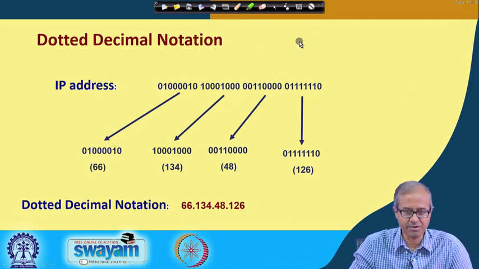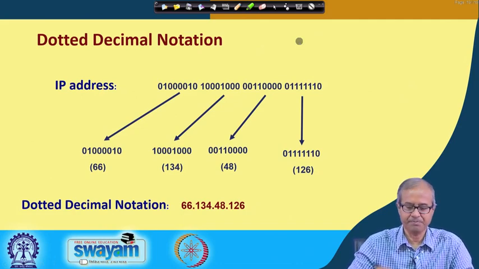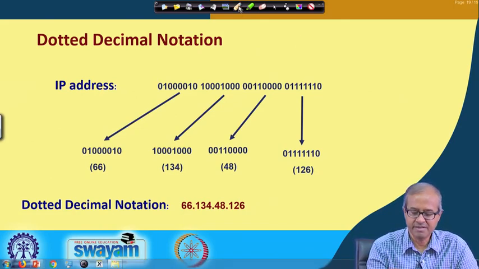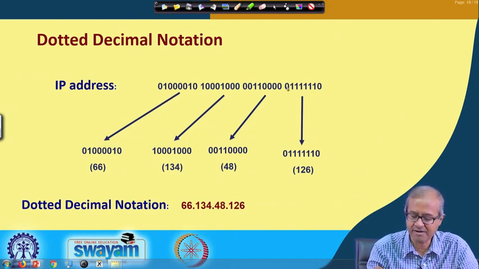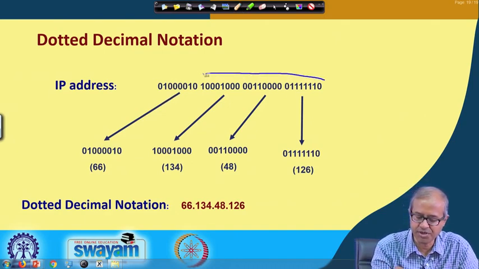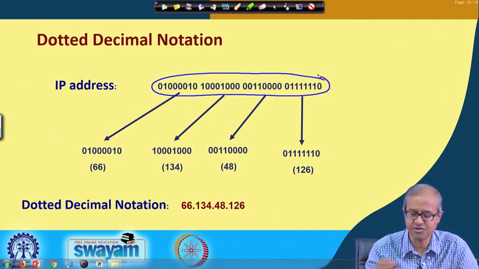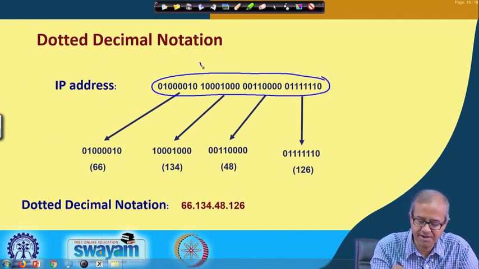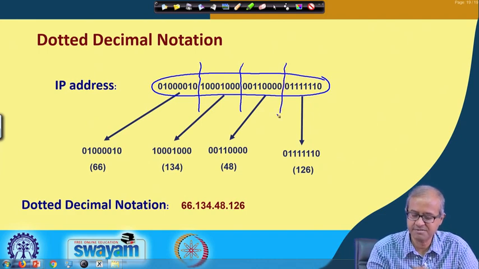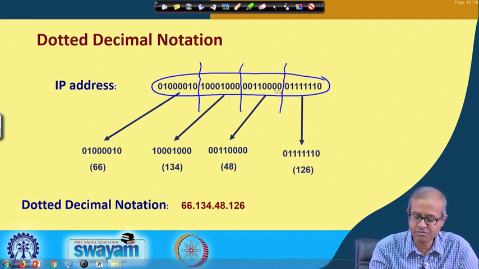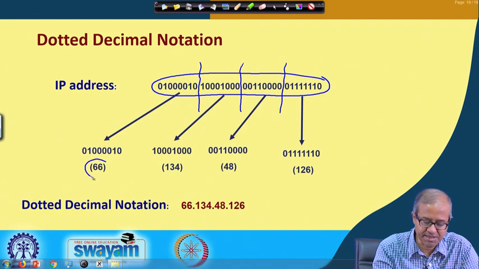Now, for the dotted decimal notation, let us take an example. Suppose here we have a 32-bit IP address. You see there are 32 bits. This we have divided up into 4 8-bit chunks, octets, and each of these chunks you are expressing in equivalent decimal.